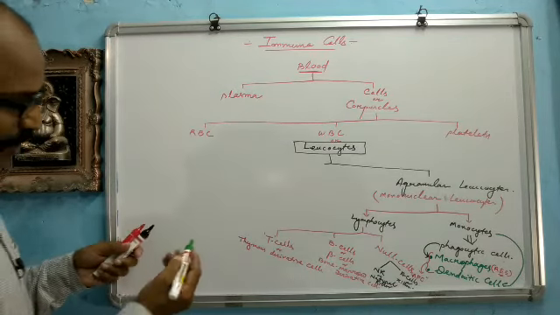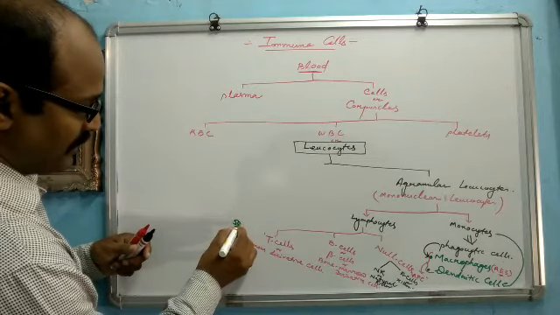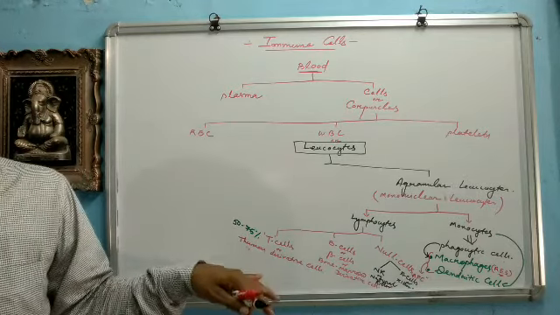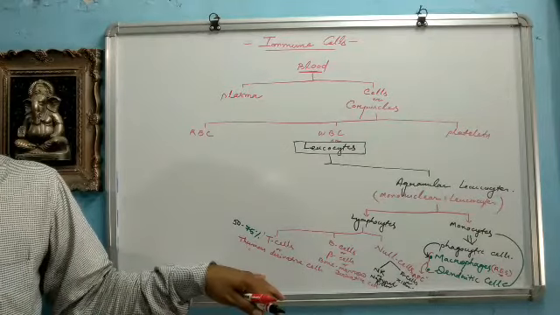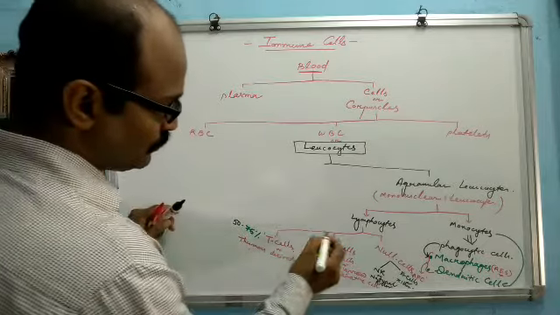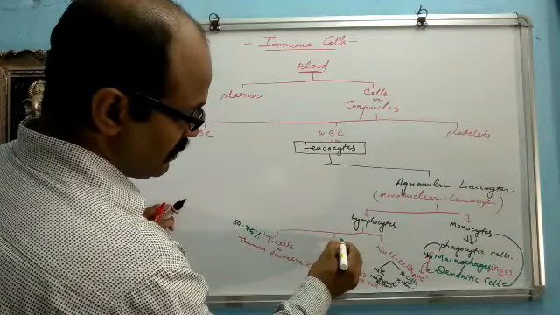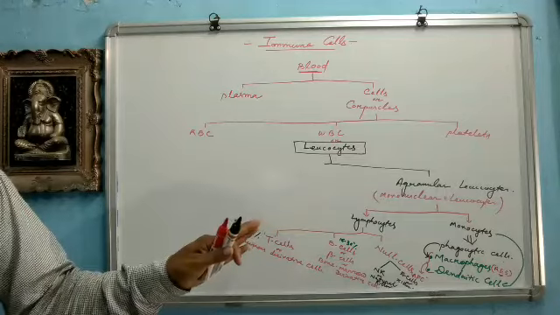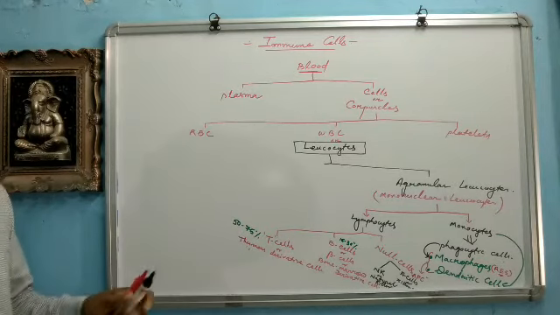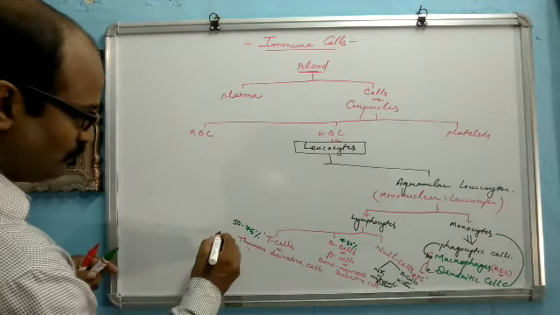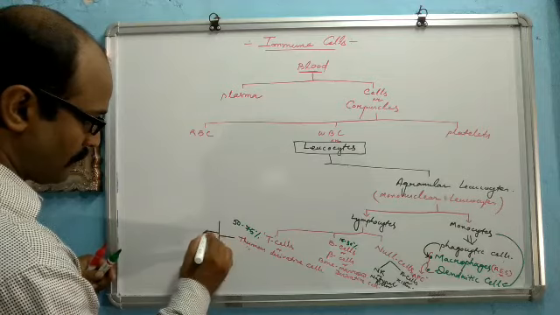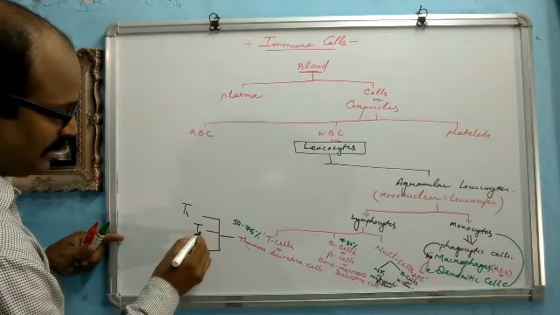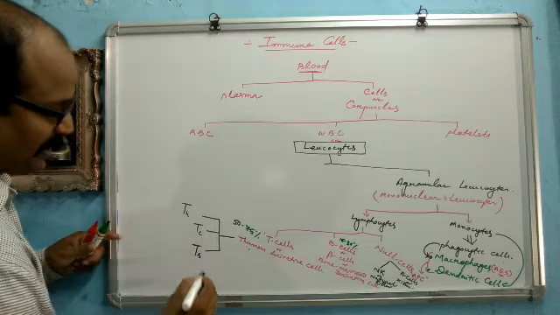T lymphocytes may be 70 to 75% of lymphocytes, 15 to 30% is the B lymphocyte, and the rest is null cells. T cells are also differentiated into three types: T helper cell, T cytotoxic cell, and T suppressor cell.